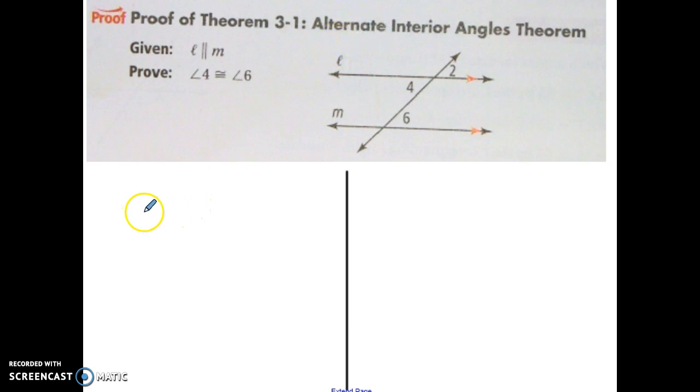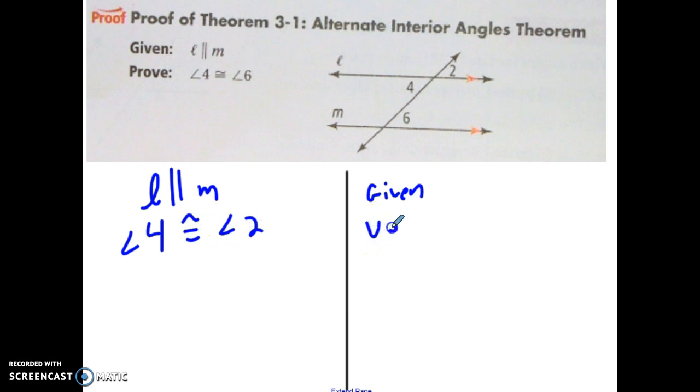I'm going to start out with L parallel to M, given. Then angle 4 is congruent to angle 2 because they're vertical.